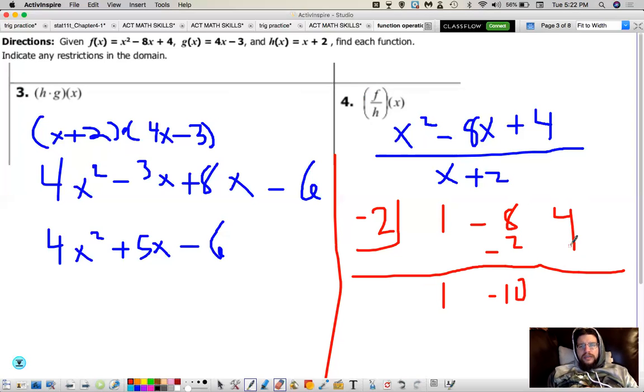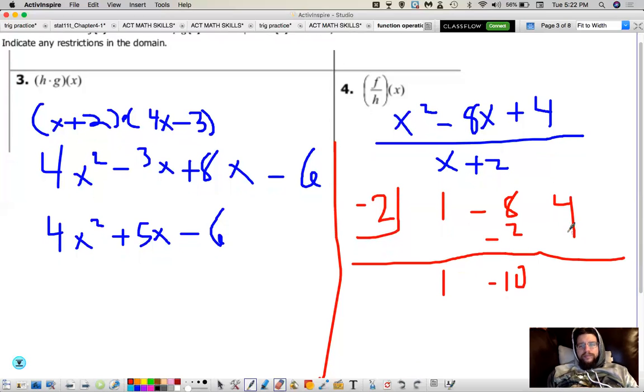Yeah, so this one does actually have a remainder. So we're left with 24 as a remainder.